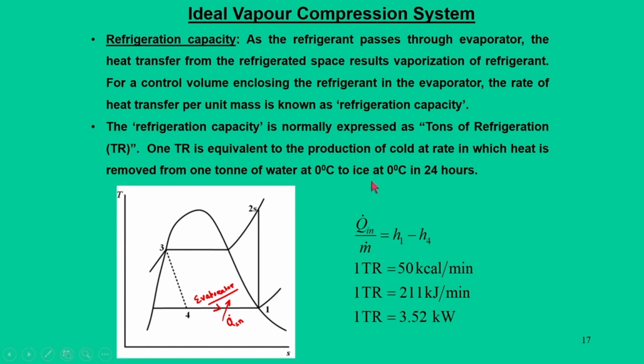If you calculate using the latent heat for ice and put in that value, 1 TR is equivalent to these values. In SI terms, 1 TR is 3.5 kilowatt, or about 200 kilojoule per minute, or in calorie terms 50 kilocalorie per minute. In our case, we can simply use 1 TR as 3.52 kilowatt.